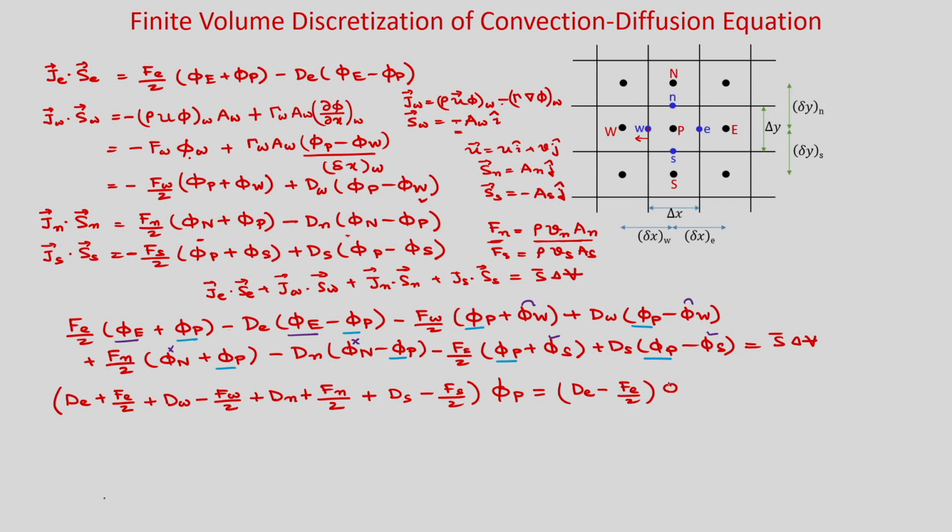So, that is the coefficient of phi e. Similarly, now phi w. Here minus d w phi w, so on the right hand side it will be d w, and here you have minus f w by 2, so it will become plus f w by 2.